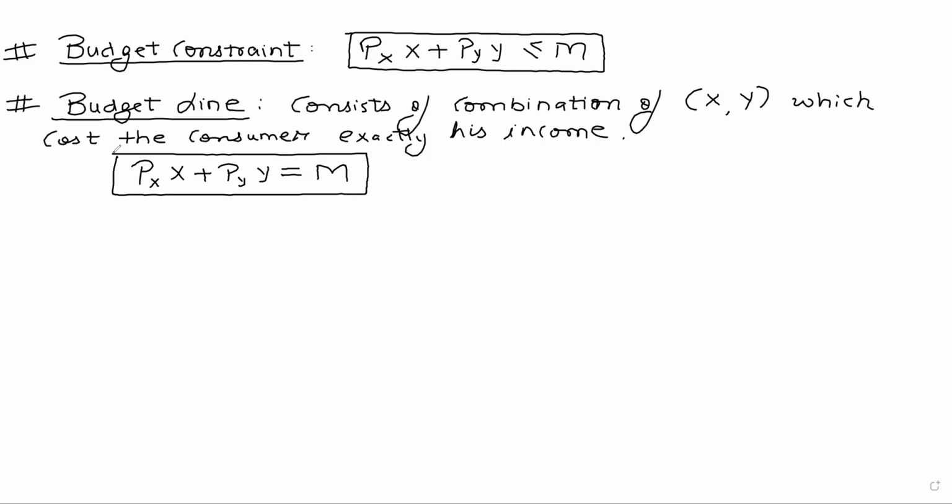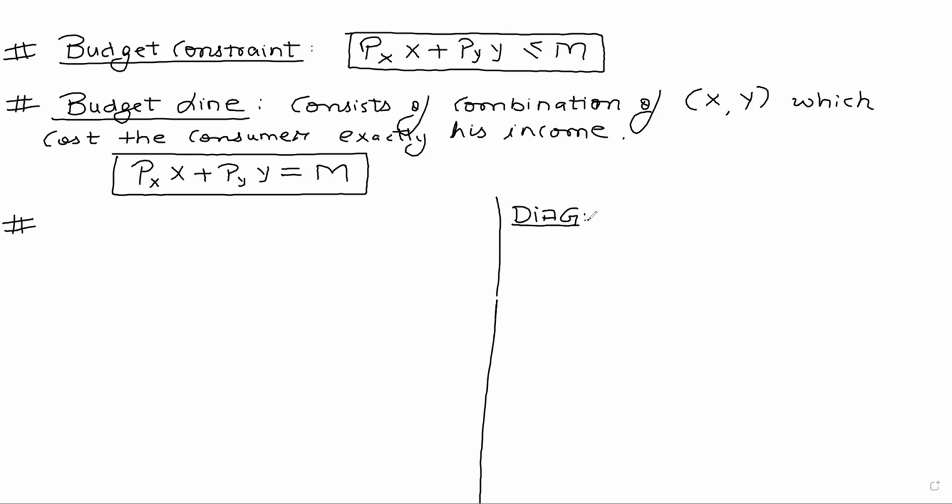So now from the budget line, we can calculate the horizontal and the vertical intercept. And we can also work out the diagram on the right hand side.